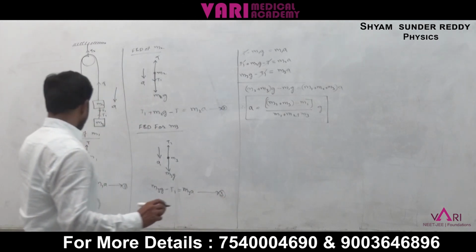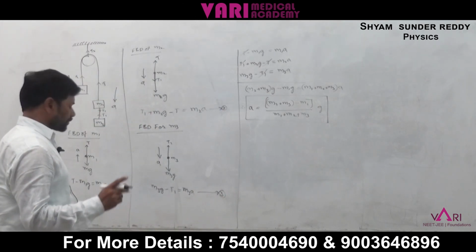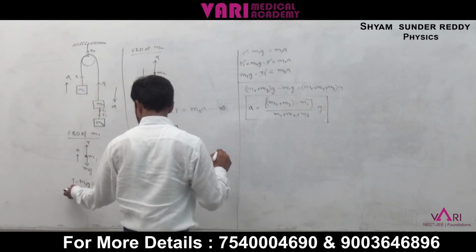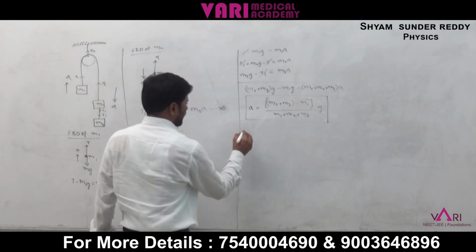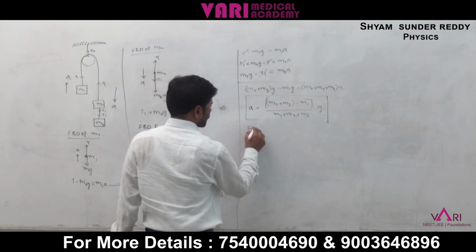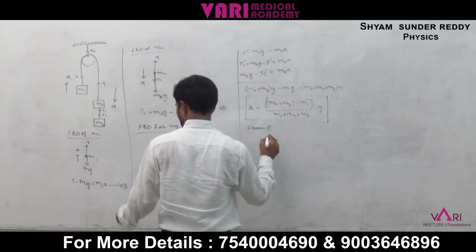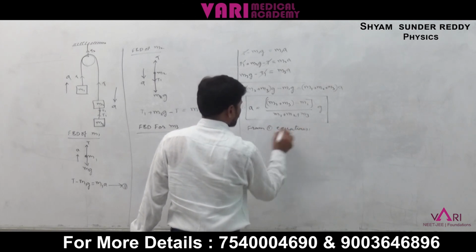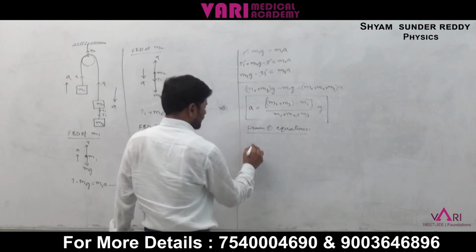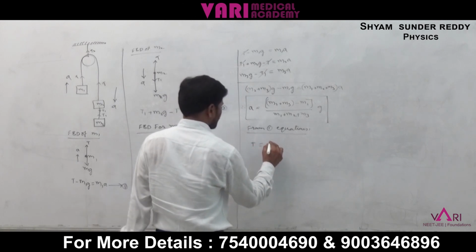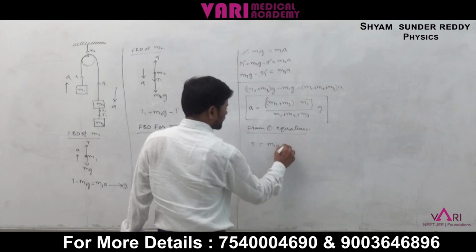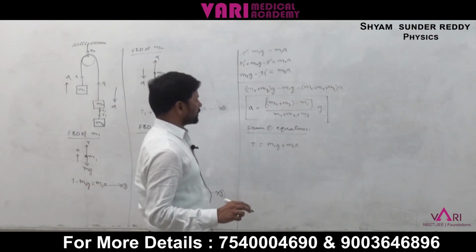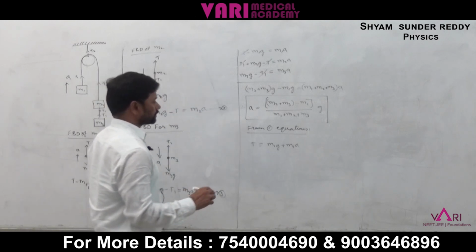First take T. From the first equation, T minus m1g is equal to m1a, so T is equal to m1g plus m1a. Just substitute the a value in this equation, then we will get the results.